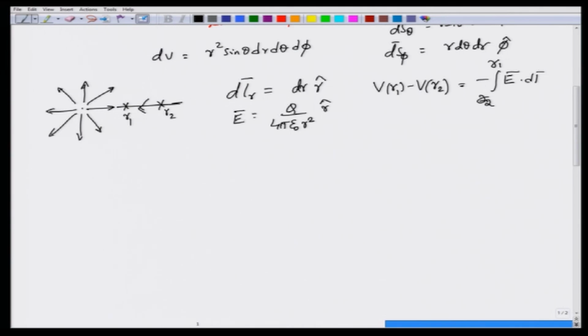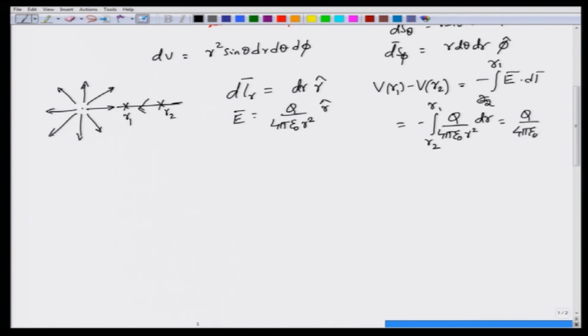Now, we are fortunate that E and dl we have chosen to be along the same direction, parallel. So, r hat dot r hat will be equal to 1, and then this integral becomes minus integral from r2 to r1 of q by 4 pi epsilon 0 r square dr. Q by 4 pi epsilon 0 is a constant, so I can pull this out.